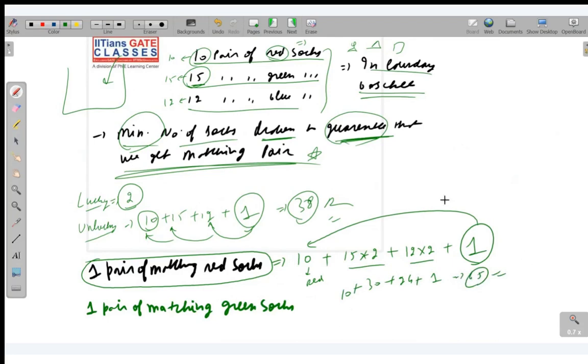Okay, so next is one pair of matching green socks you want. So what you will say? Pick all 15 green. You just pick them, and all are from different pairs. Then you pick all the 10 pairs of your red socks, and then all the 12 pairs of your blue socks. Then what will be your answer? Plus one.